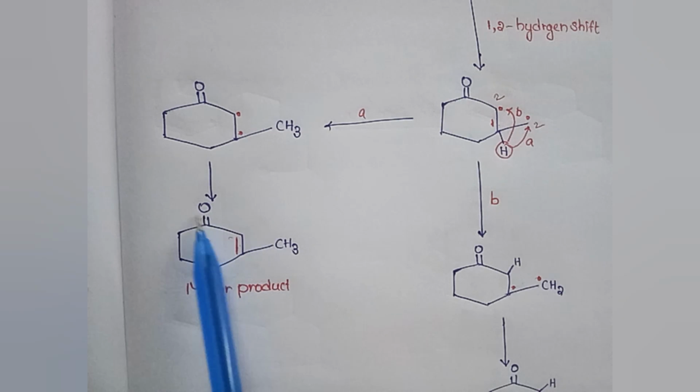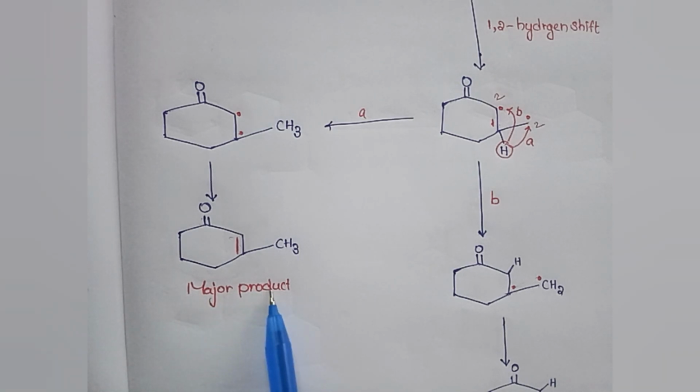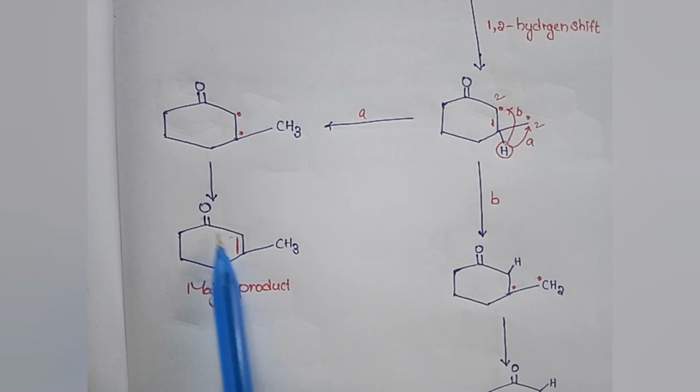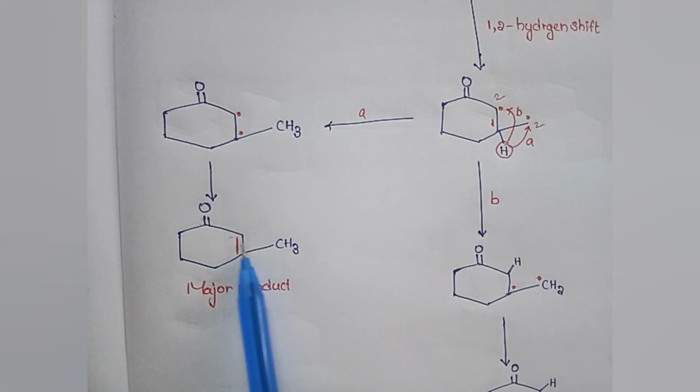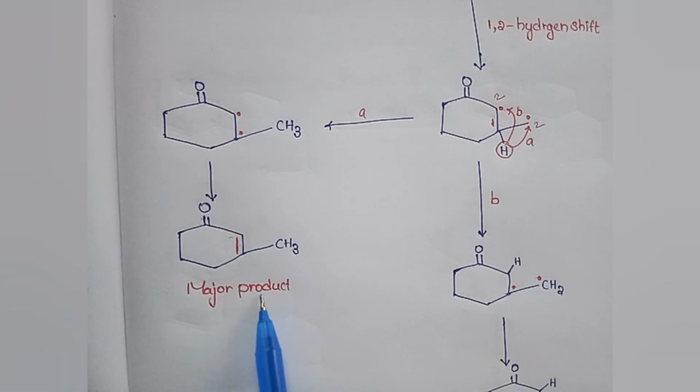So alternating double bonds are present in this compound. So this is the major product because of the alternating double bonds, resonance is possible in this compound. So this is more stable.